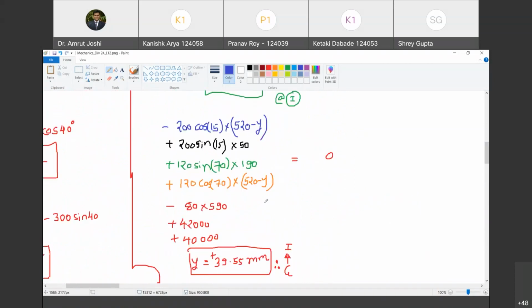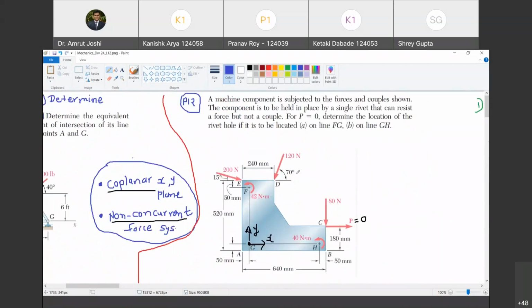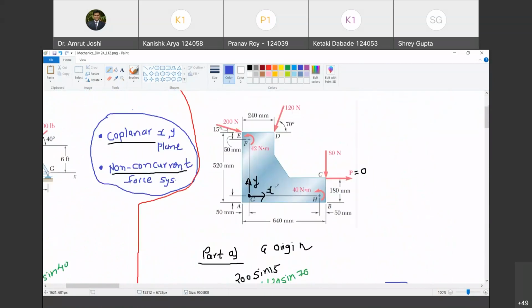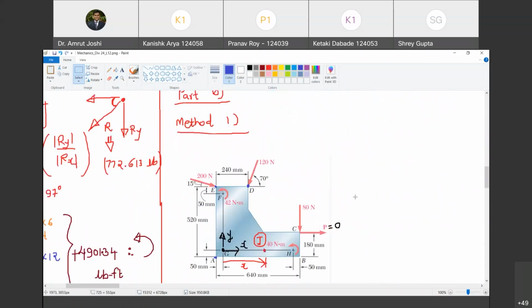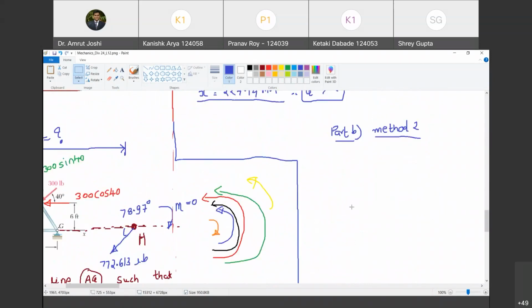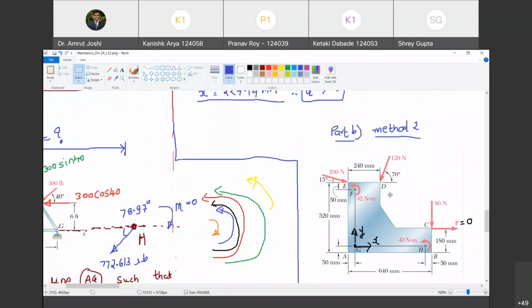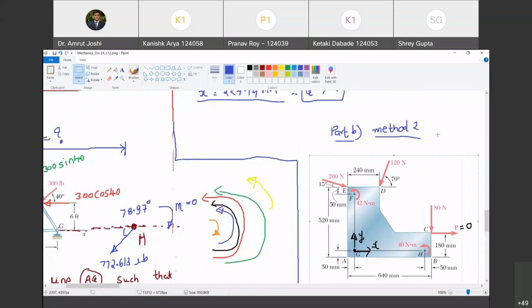In this method, we are going to use the answer to part A. So how are we going to use? I am going to just demonstrate that. So here we will also come to know if we have made any calculation error in part A or part B, because we are solving it by a separate method.